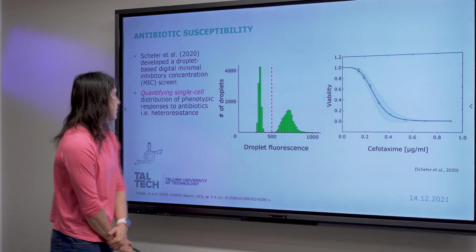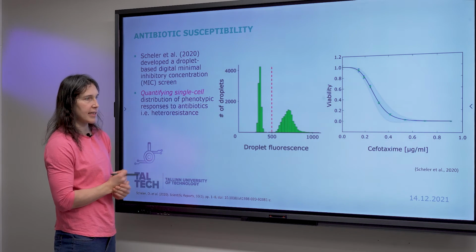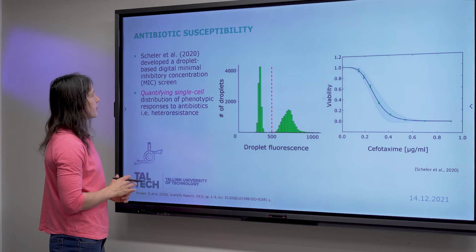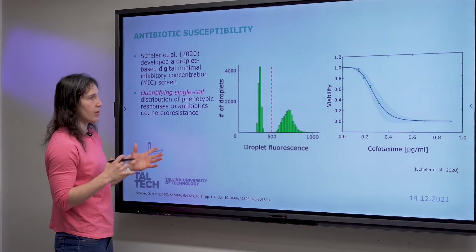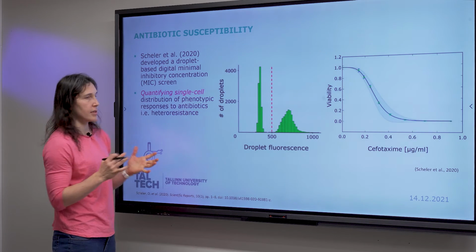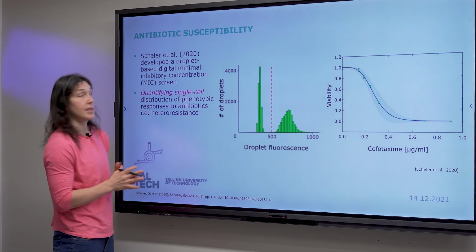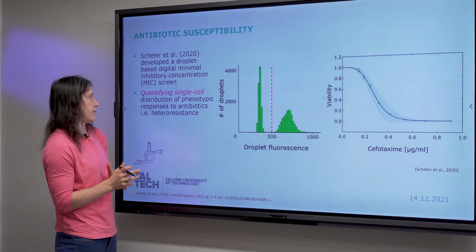But okay, then we can encapsulate these bacteria, but let's see how we actually study them. Well, in this study in 2020, Scheller developed a droplet-based digital minimal inhibitory concentration screen.